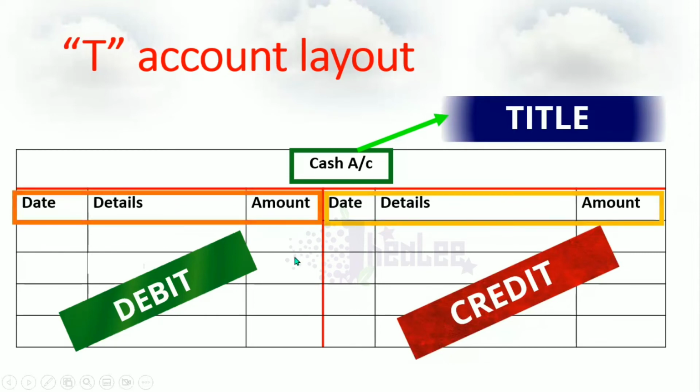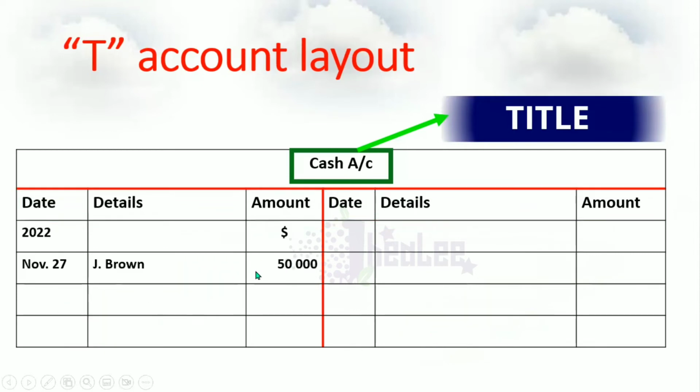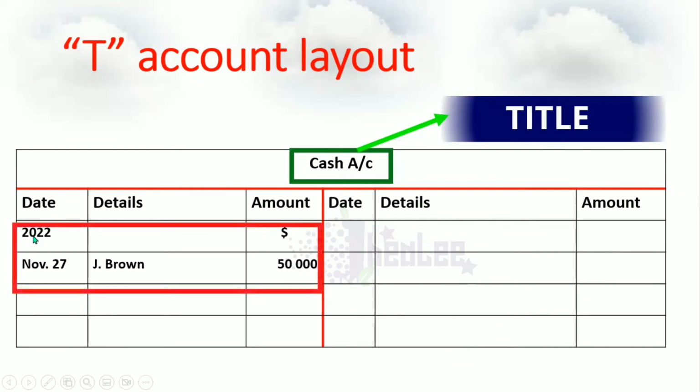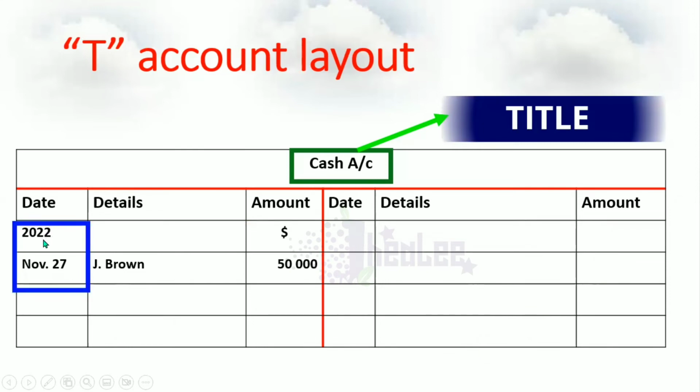Let us look at an example of an entry in the account. So on the left-hand side, you're seeing an entry. Now the entry consists of the date. So if you look at this, it's basically saying that this transaction took place on the 27th of November, 2022. The details, you're seeing J Brown. This represents the other item that is affected.